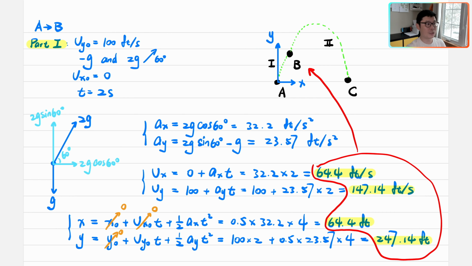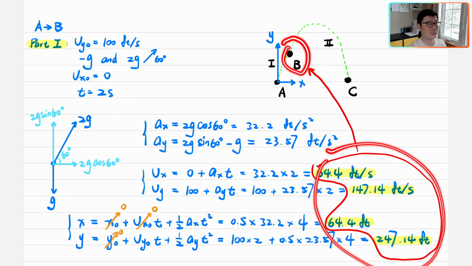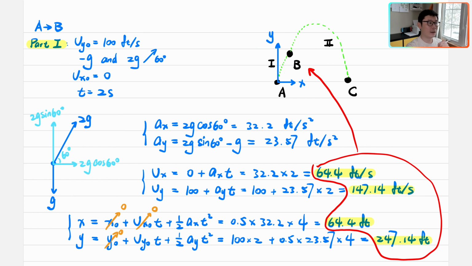For projectile motion, we need initial conditions. Well, we need to know the initial velocity, we need to know the initial displacement. So all these now become the initial conditions for point B that we can carry forward to solve for part 2.